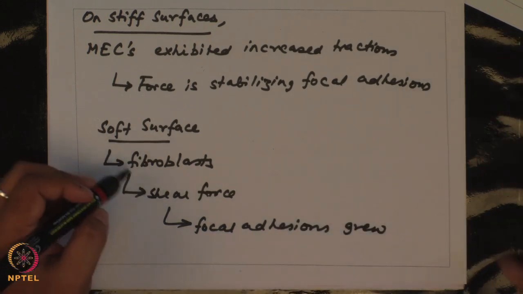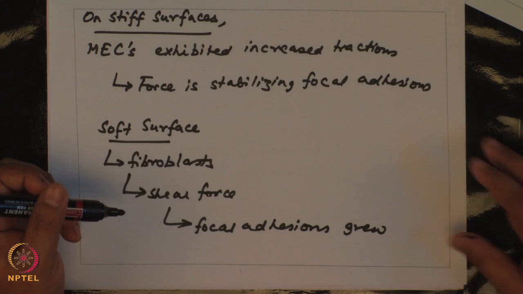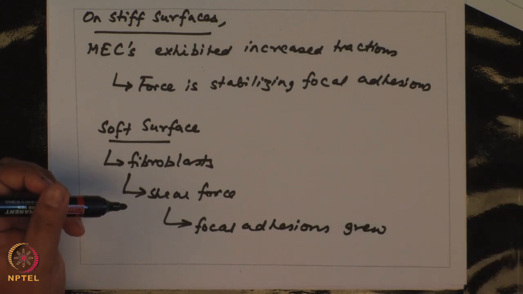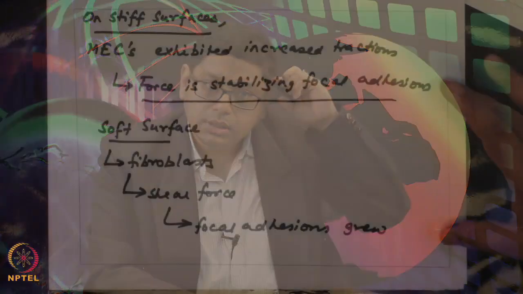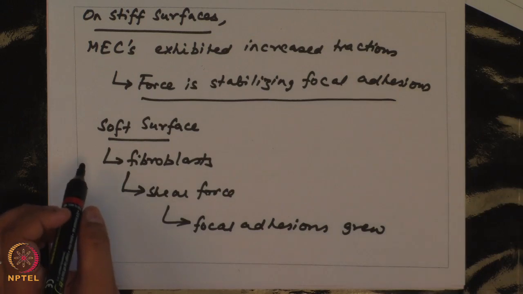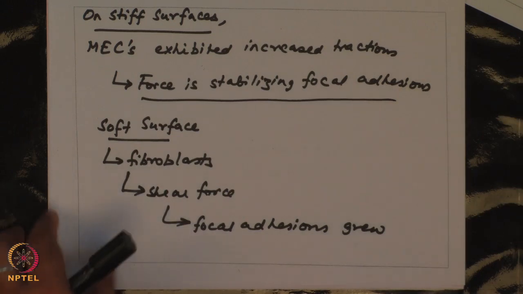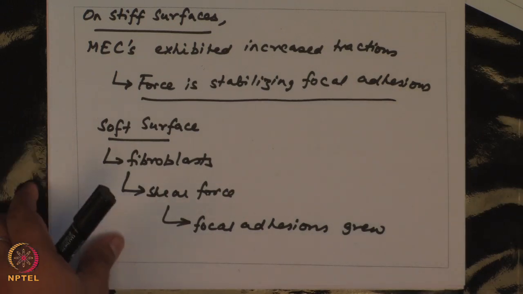Whenever you exert force, there was a growth of focal adhesion even on a soft surface. So, what is clear is that force promotes focal adhesion assembly and leads to integrin aggregation.